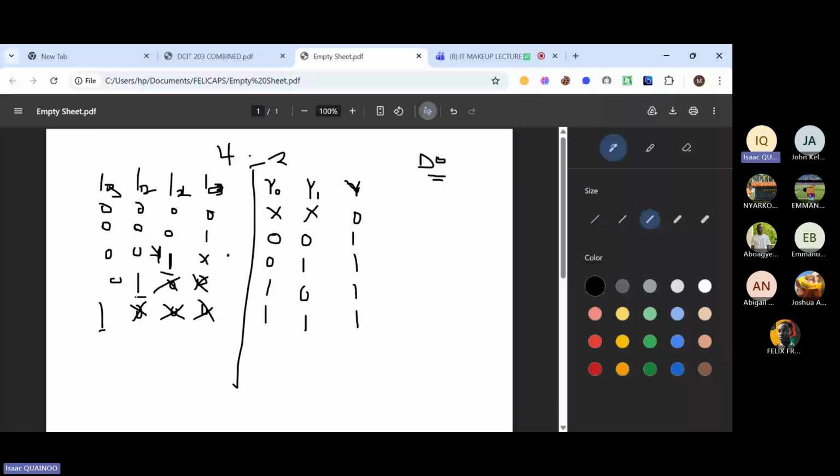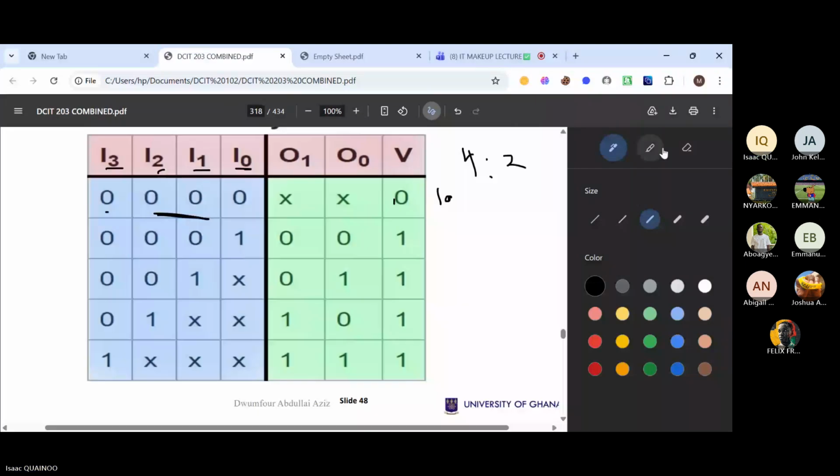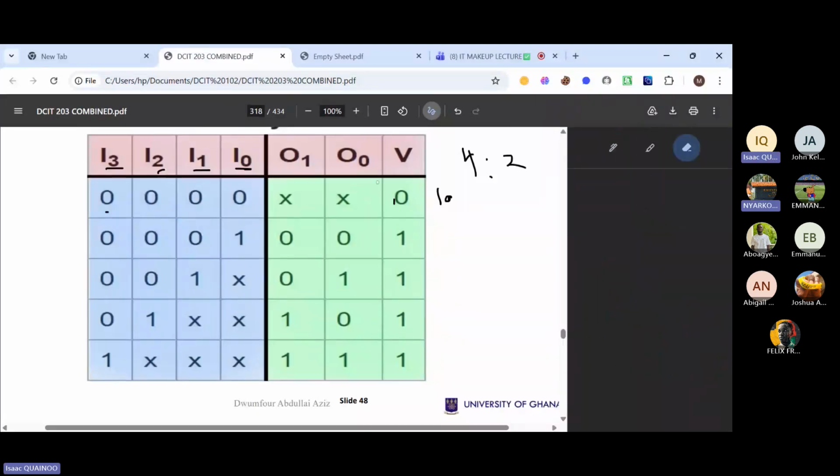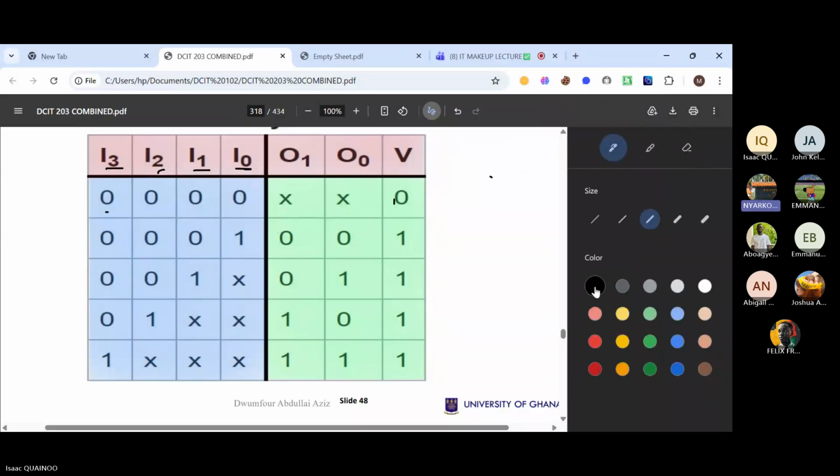So now, please, can you kindly read your question again, and then let's look at what the answer will be. A 4-bit priority encoder has inputs D0, D1, D2, D3, where D3 is the highest priority.